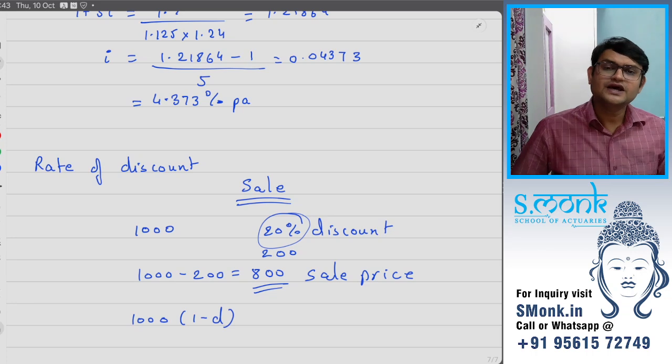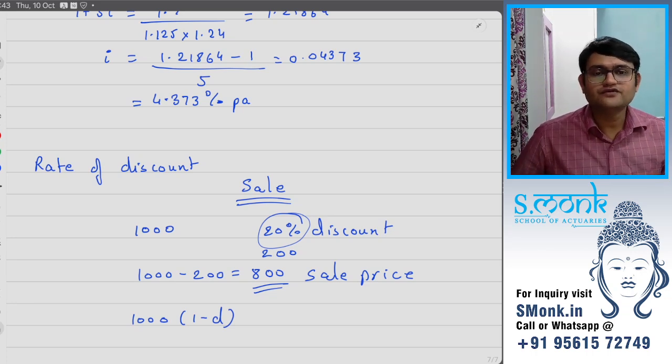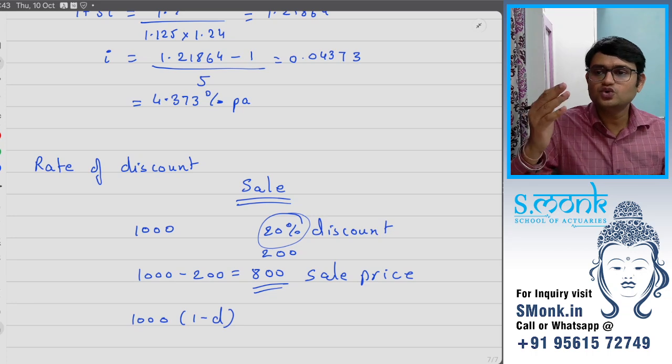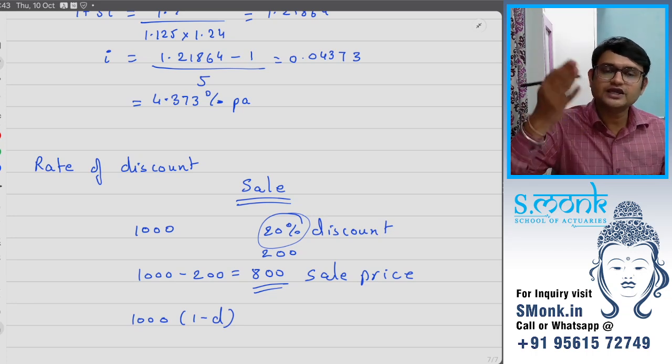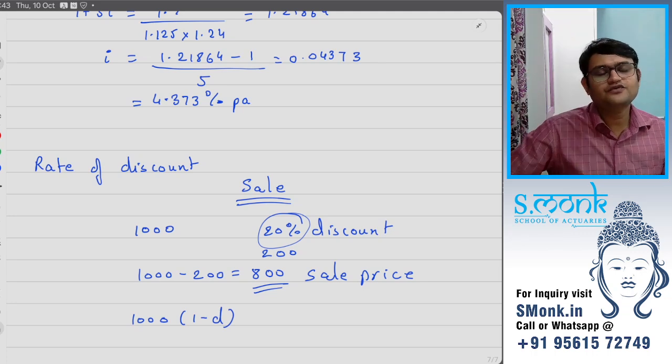So let's say that I want to buy a house after 5 years that is, let's say, 5 crore rupees. So I need to put money today in a bank account so that I will have 5 crore rupees in 5 years' time.